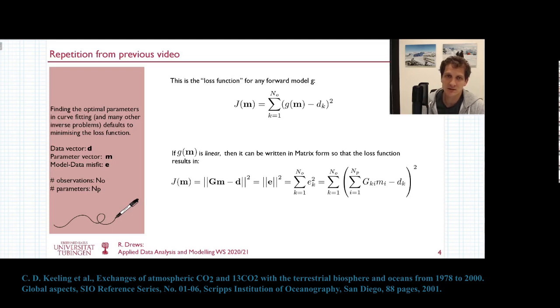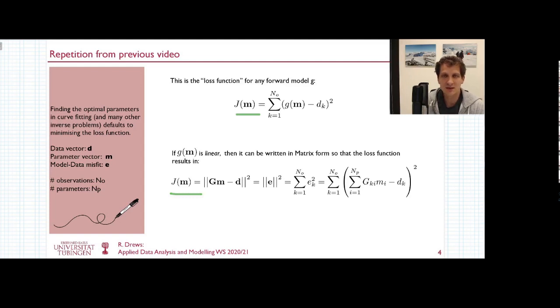Up here, this is the nonlinear case, and down here is the case for a linear forward model. In both cases, you would define the loss function in a least square sense, meaning we want to minimize the misfit between our forward model and the observations using squared differences as an error metric.